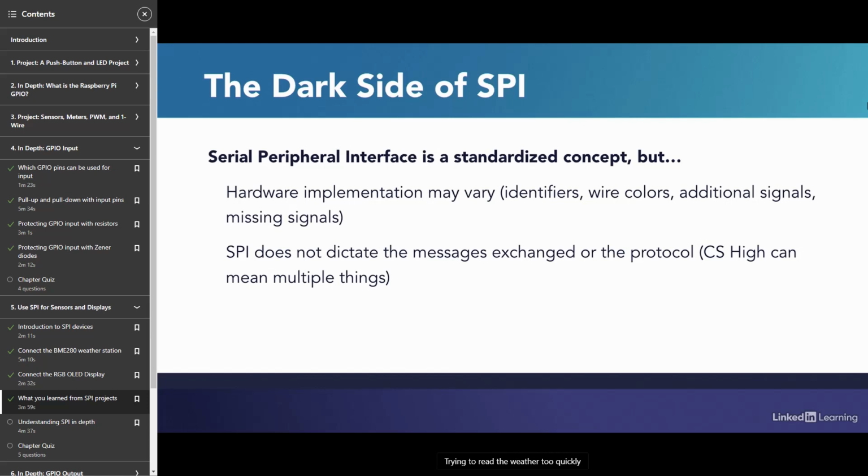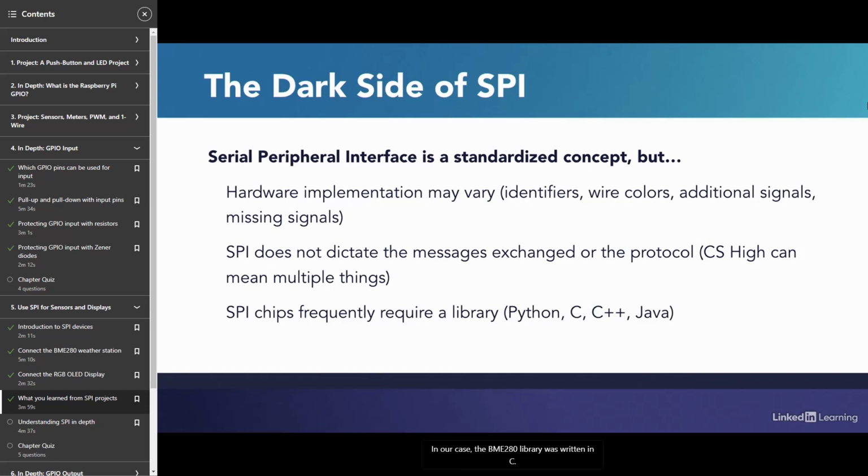Trying to read the weather too quickly will result in erroneous values. Third, SPI modules frequently require accompanying libraries. In our case, the BME280 library was written in C. The OLED display was written in Python. You may find other SPI device libraries written in C++, Java, or other languages.